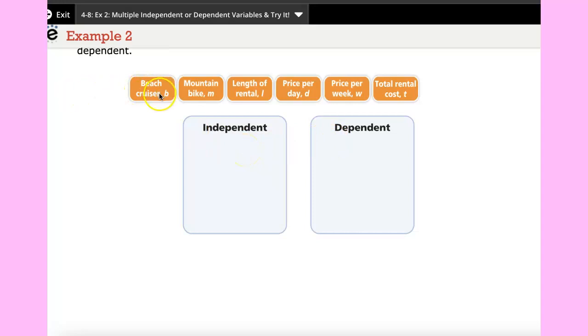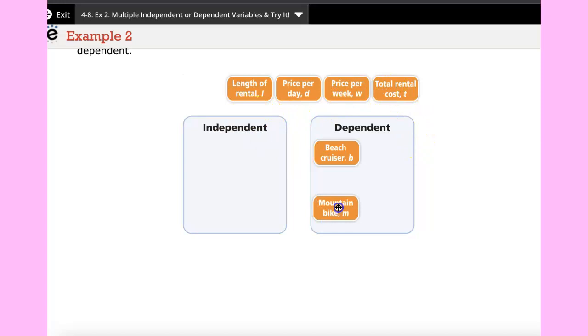So beach cruiser, these are the things that will not change. So definitely these are the rides, right? So that definitely is not going to change, correct? So it goes to the dependent variable. Let's look for the other one that doesn't change. The mountain bike for sure. All right. So length of rental, price per day, price per week, and the total rental.